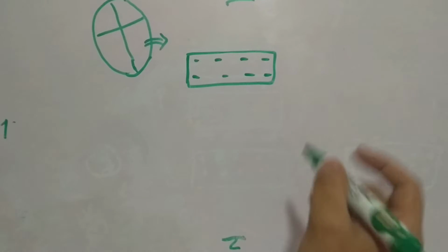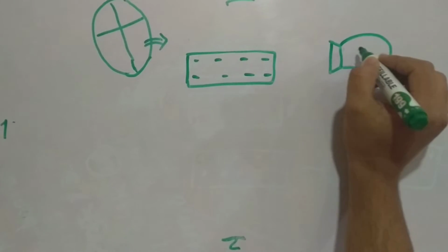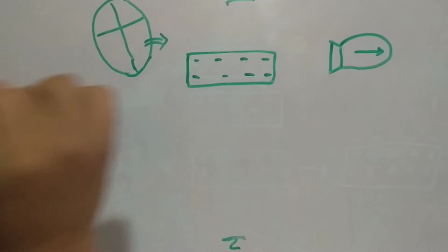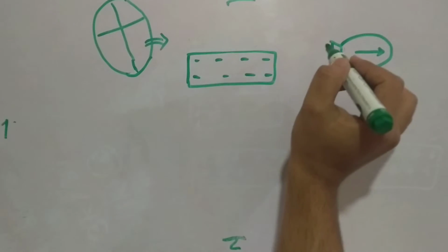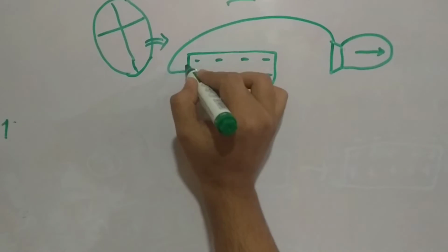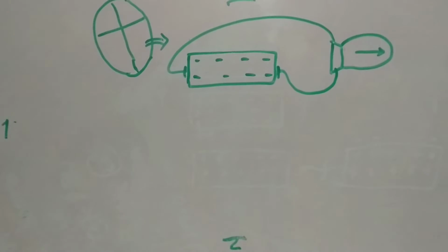Suppose I place a galvanometer here. ECG is just like a galvanometer. It just records the deflection, whether positive or negative, and the rate at which the deflection takes place. Suppose this is one electrode which is connected to this end, and this is another electrode which is connected to this end.